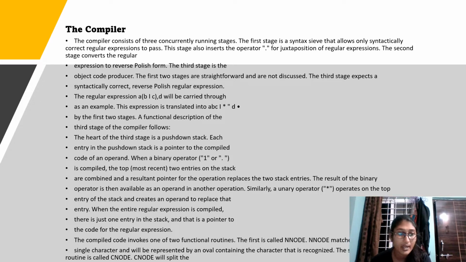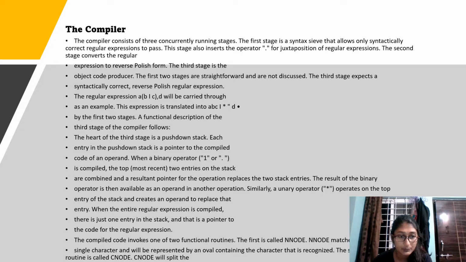The result of the binary operator is then available as an operand in another operation. Similarly, a unary operator operates on the top entry of the stack and creates an operand to replace that entry. When the entire regular expression is compiled, there is one entry in the stack that is a pointer to the code of the regular expression.